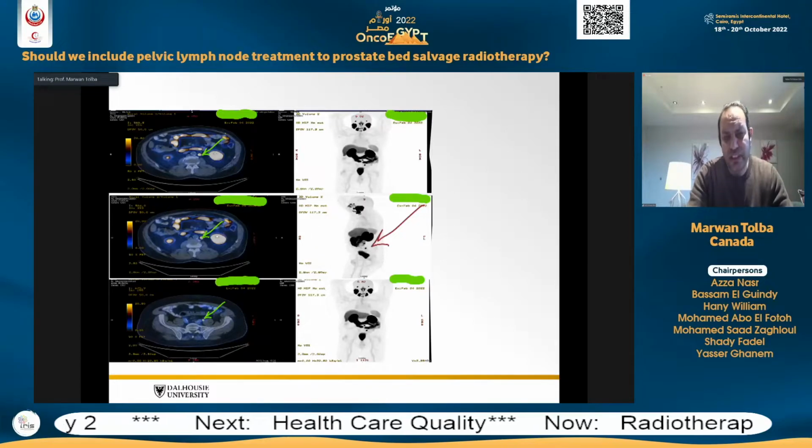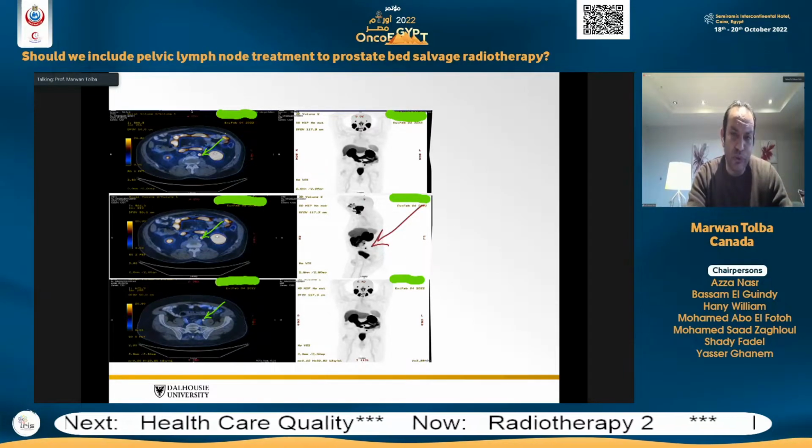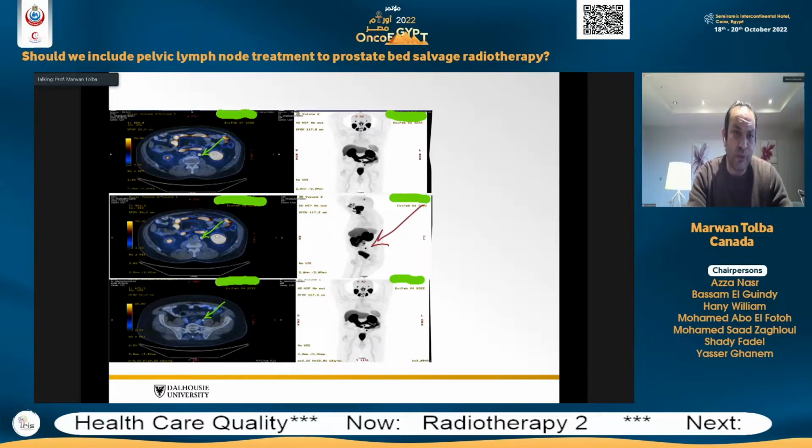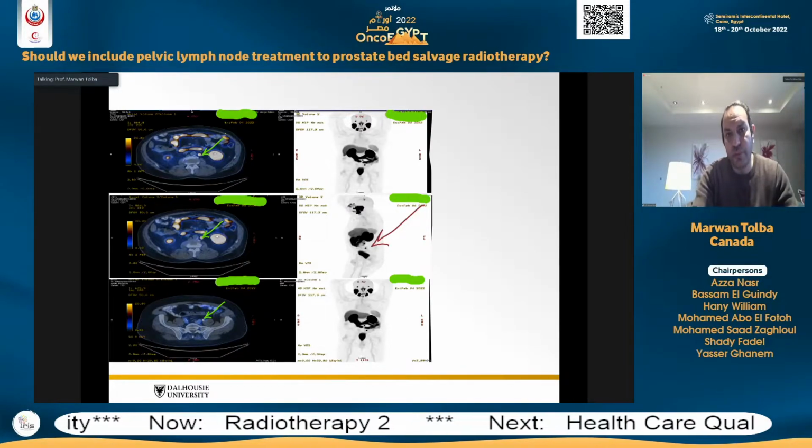And actually, we use this routinely. I was using this during my training in Montreal. In any patient with post-prostatectomy failure, we refer the patient for a PSMA PET scan when the PSA is beyond 0.15. Here, I use this for my patients also.